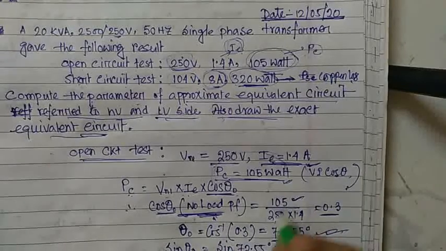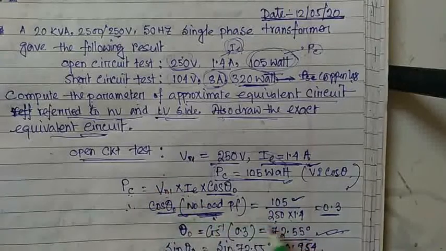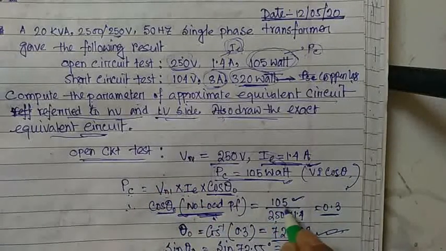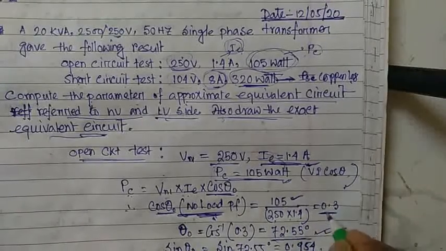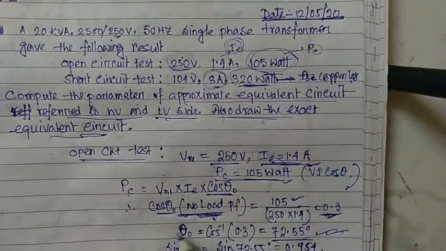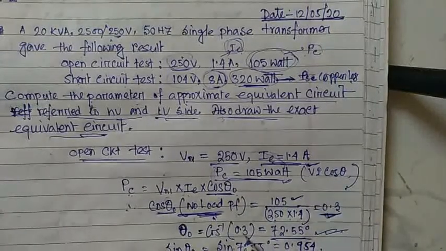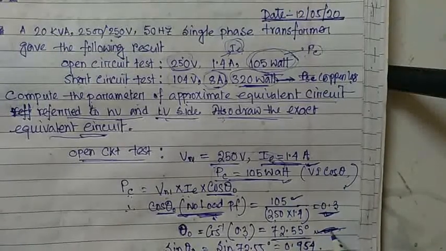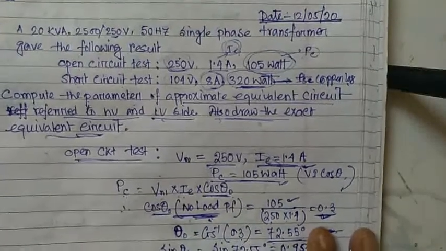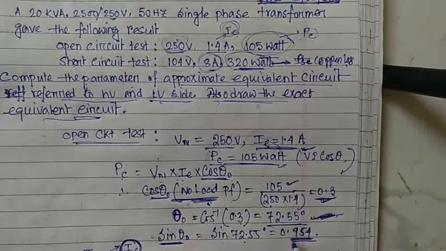So no load power factor is PC divided by VNL into IE, that is 105 divided by 250 into 1.4, which is 0.3. Now theta 0 is cos inverse of 0.3, that is 72.55 degree.